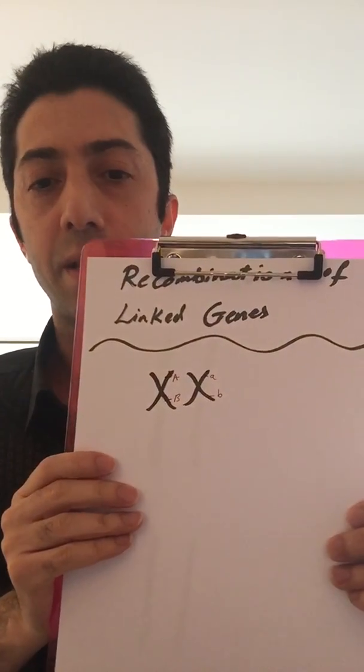Now let's go to another concept. Page 295. Basically, it starts from 294, recombination of linked genes, and 295. Recombination of the linked genes.